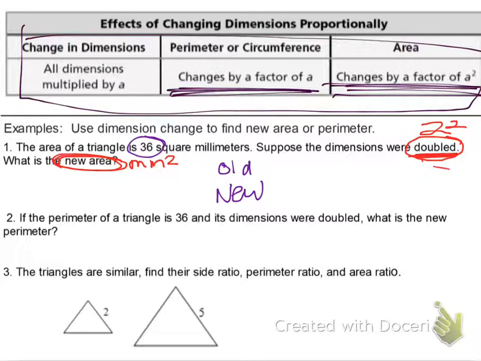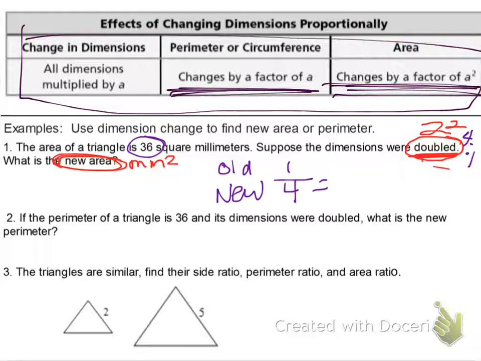So the dimensions were doubled, and what happened was our original is getting bigger. If this is doubled, that's like 4-to-1. 4 is going to be my new, because it's getting bigger, and 1 is going to be my old. Then I've got the area of the triangle.